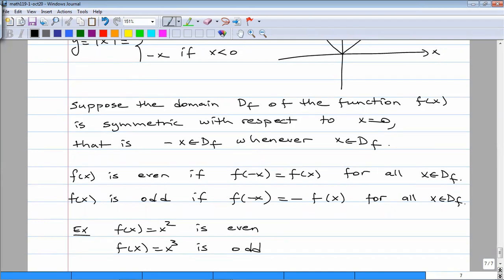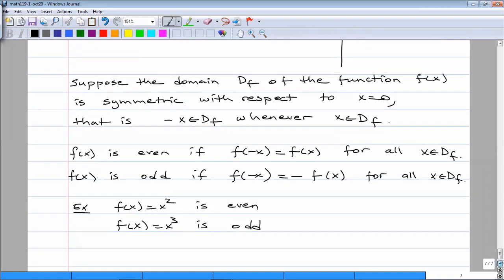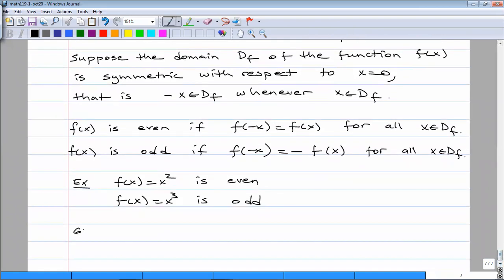Okay. In terms of graphs, the graph of an even function is symmetric with respect to the y-axis.